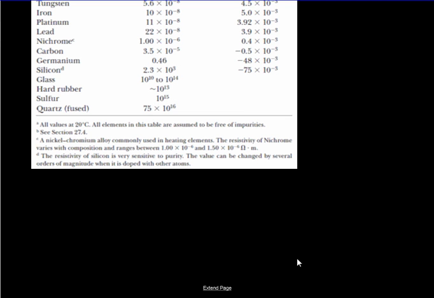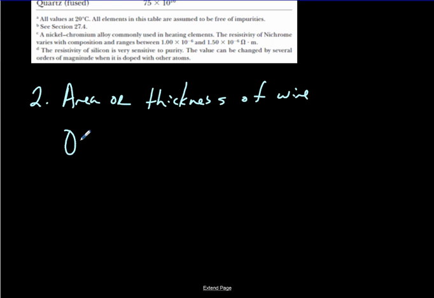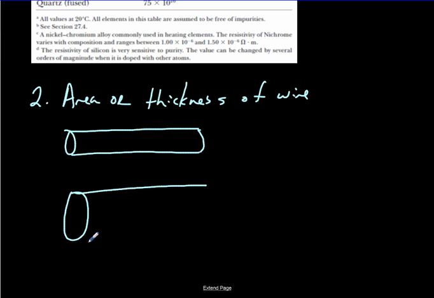Okay, so the second thing, the material is important, but the second thing that's important when considering this is the area or thickness of the wire. If you have a narrow gauge wire, and the wire is measured in this strange system called gauge in North America.